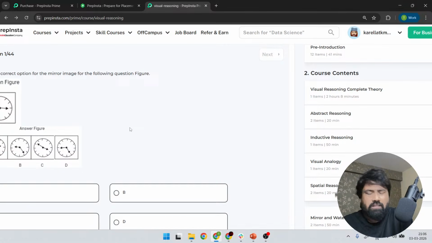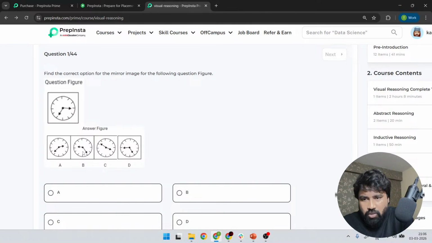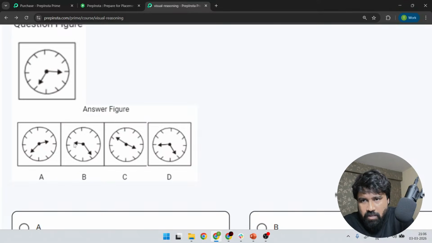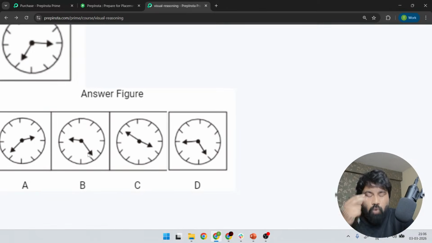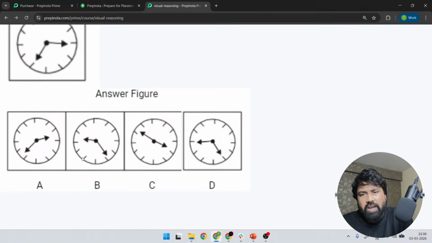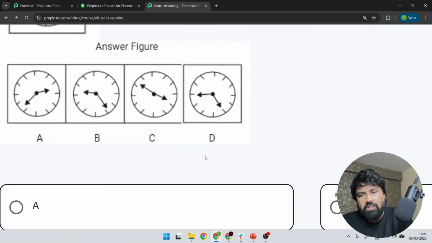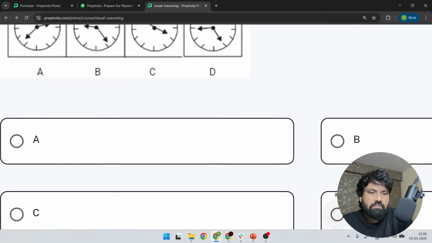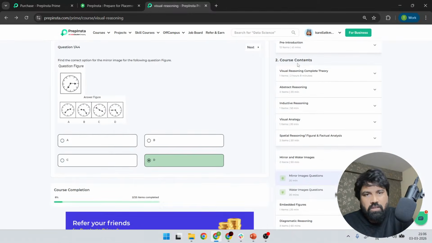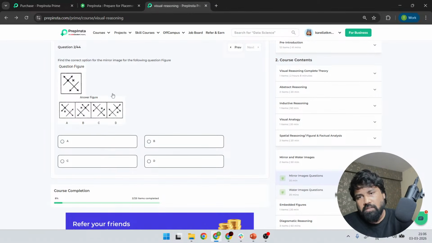So please take care. I was randomly doing the answers. If you see answer B, one hand is very small and another hand is very large. On overlook I haven't observed. So I thought B and D are equal. But D is the correct answer.